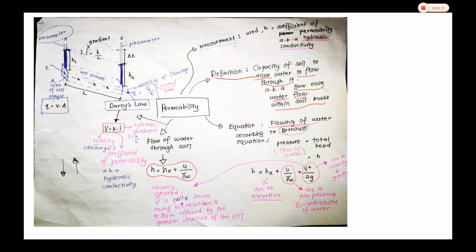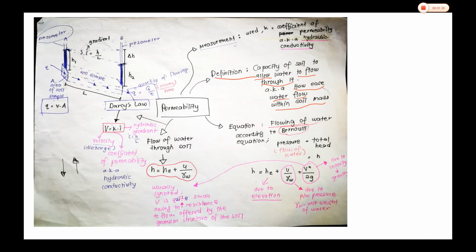Okay, so kita akan tengok kalau dia laju aliran and then dia keluar tu cepat, it means that they have good permeability. Okay, permeable soil. Kalau once air masuk, dia akan duduk dalam soil tu lama, and then baru dia keluar, that one is impermeable atau low permeability dia.